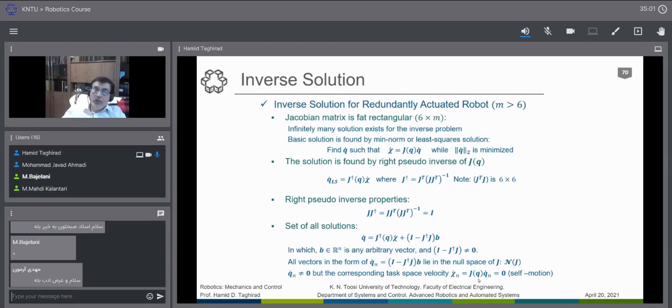The null space is quite known, and you know how to find the null space and how to use it. But when it comes to the picture of a Jacobian, this means that you have a non-zero Q dot that provides no motion at the end effector. So this is the self-motion problem.